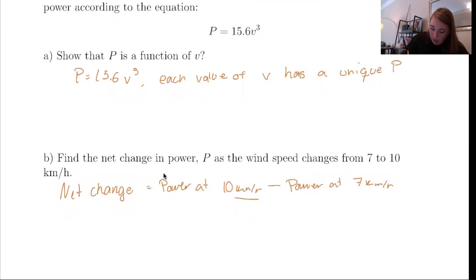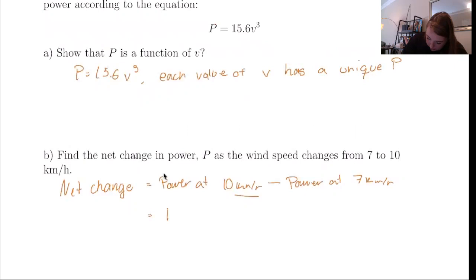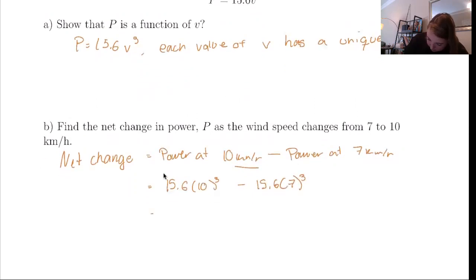So the power at 10 kilometers would be when I plug in 10, minus when I plug in 7. So that would be 10 cubed is just 1,000. So that moves that over a few spaces.